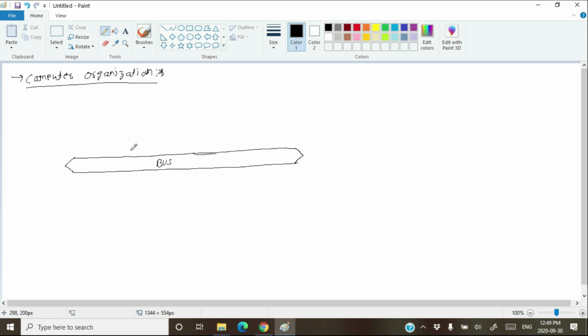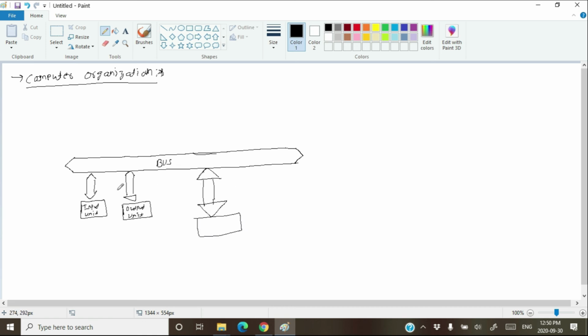Now your input unit is connected to the bus. Your output unit is also connected to the bus. Then the storage unit is also connected to the bus.